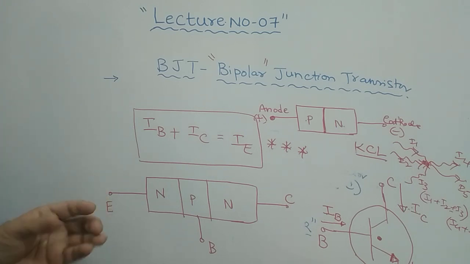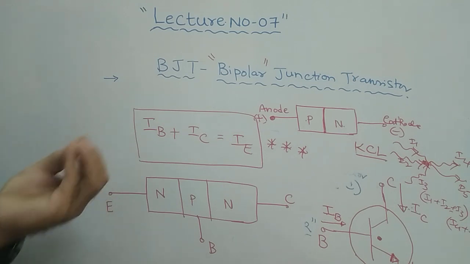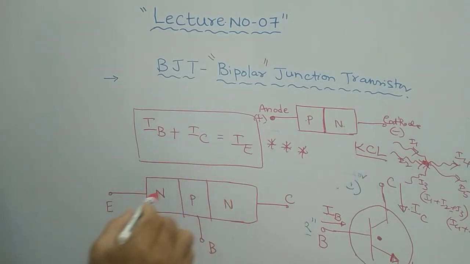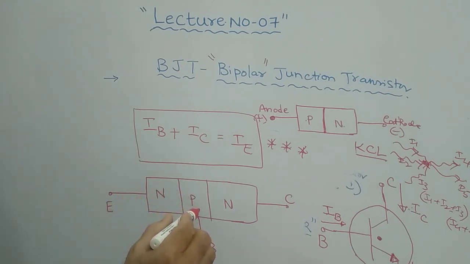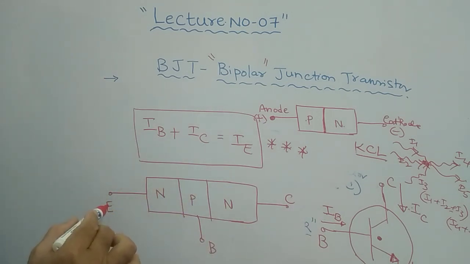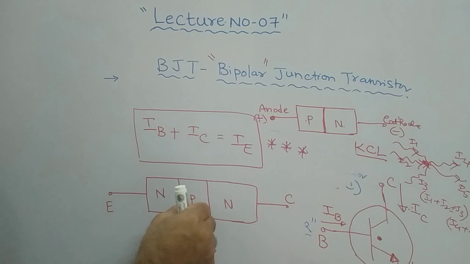So this emitter terminal will inject the carriers into the base. Therefore the emitter terminal is heavily doped, whereas your base terminal is lightly doped. That's why it is very thin. This must be shown very thin.